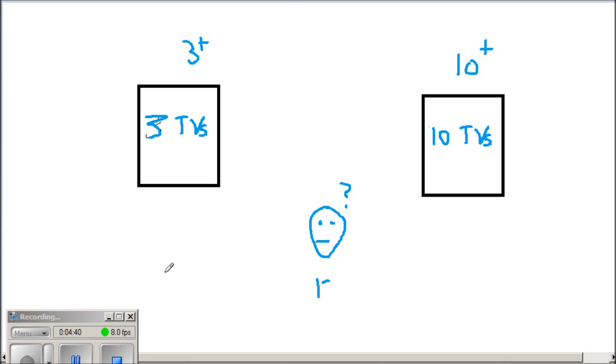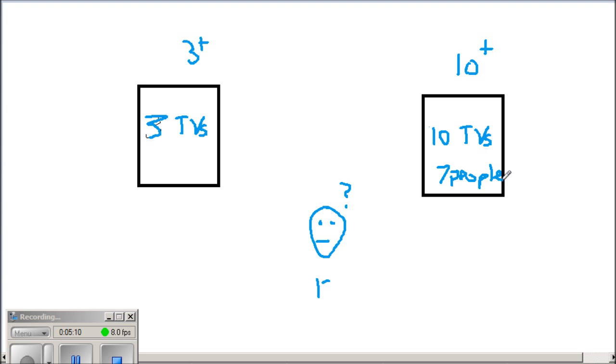Okay, what if it was 1 electron, or let's go back to our sports analogy. What if it was 1 patron deciding between a 3 TV sports bar and a 10 TV sports bar that has 7 people already in it?